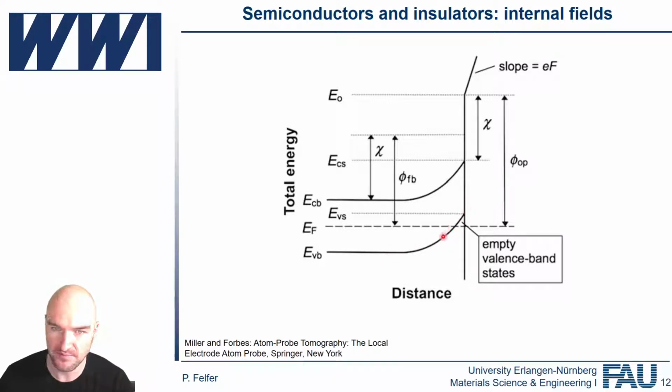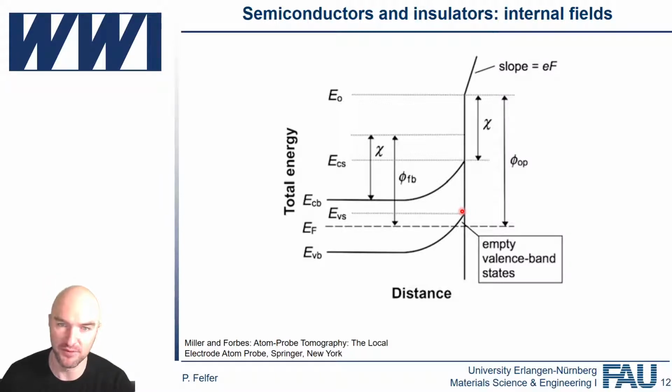So this is dependent on the Debye distance, so we're not going to go into the details of band bending, but you might know that from semiconductor devices. The reason why a transistor works or why a diode works is because we've got permanent electric fields in those devices.